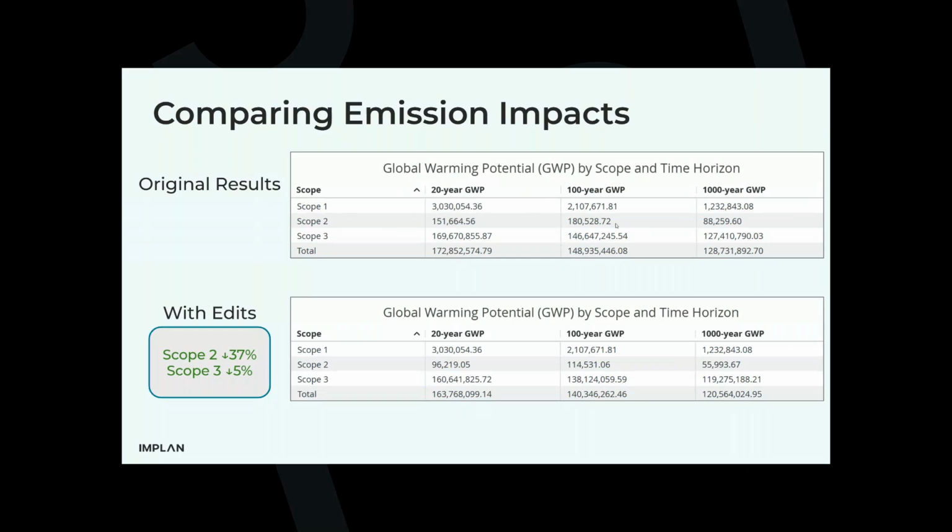If you look at methane, for example, its ratio of global warming potential per kilogram starts to decline the further you go out because it's one of those short-term gases that breaks down.